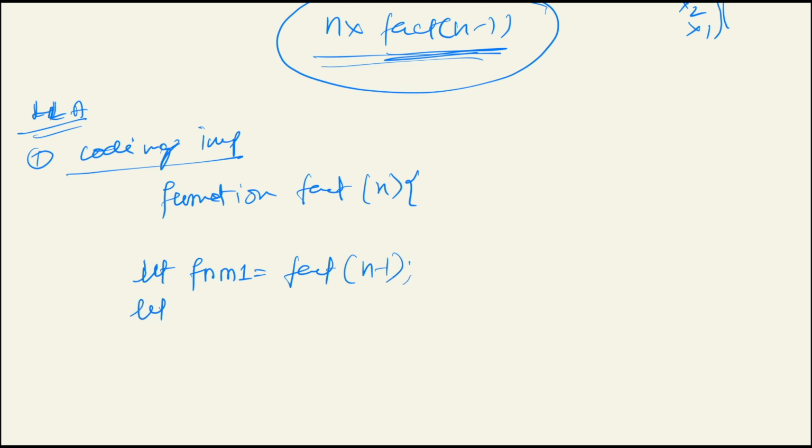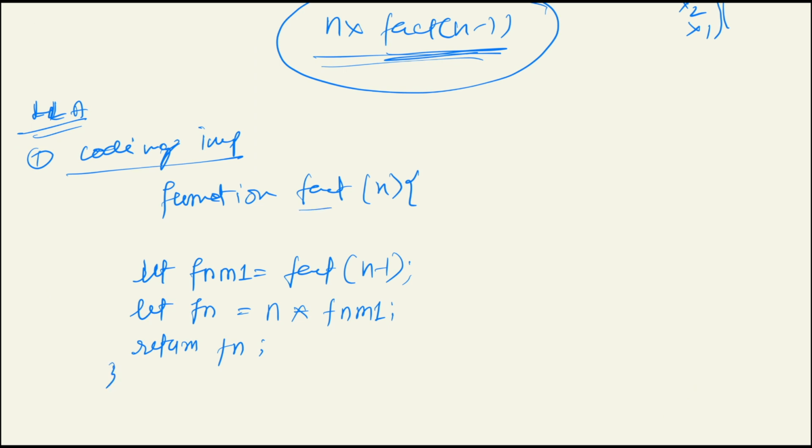And then we need to find the value of factorial of n. Here we only need to multiply n into factorial n minus 1. This is very simple. And now we need to return factorial n. Then we close the block of that function.